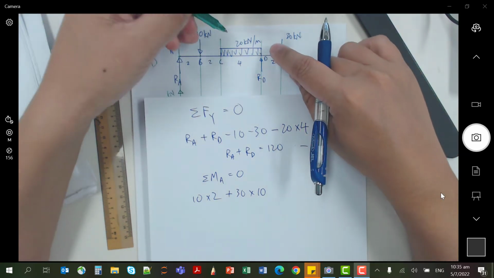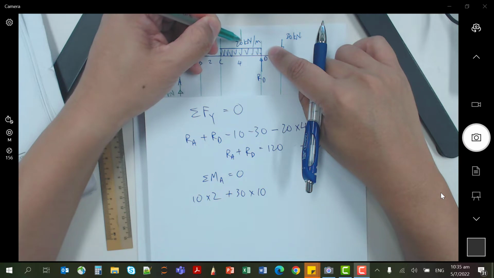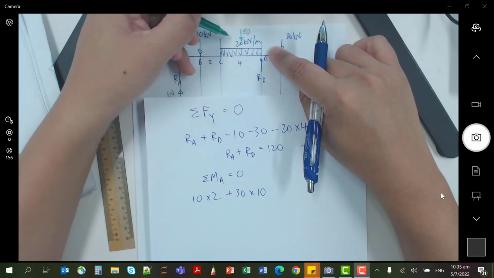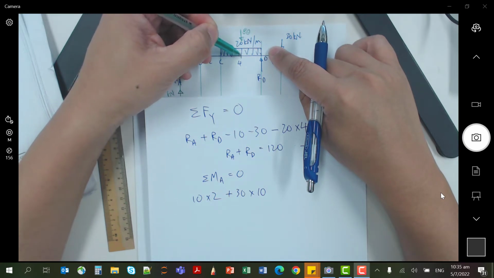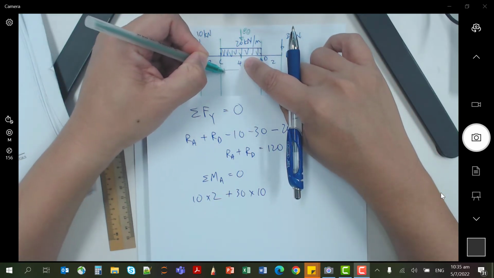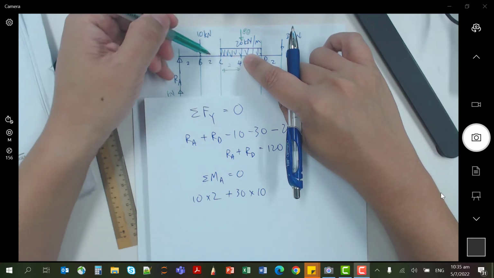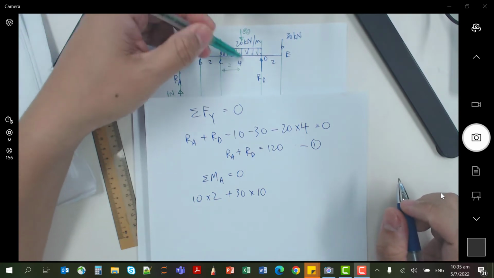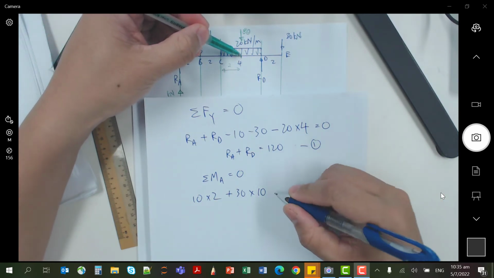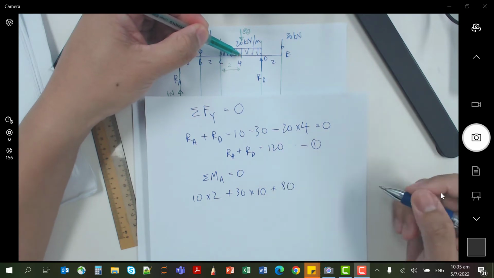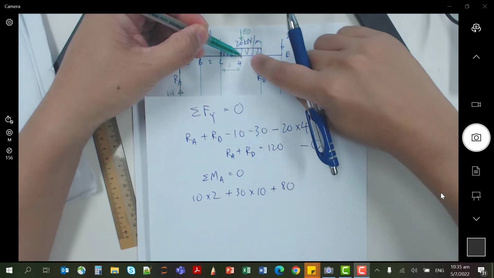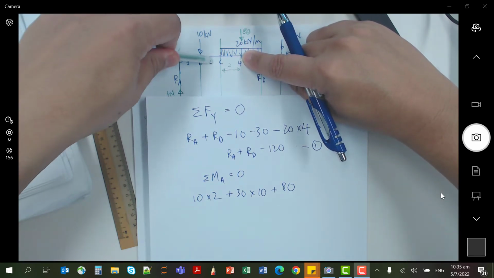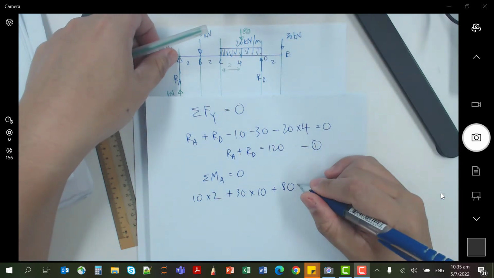So you imagine a total grand force of 80 acting at this midpoint over here. This is also causing clockwise, right? So it should be positive, plus 80. So what is the distance? The moment distance is 2 plus 2 plus 2, so times 6.